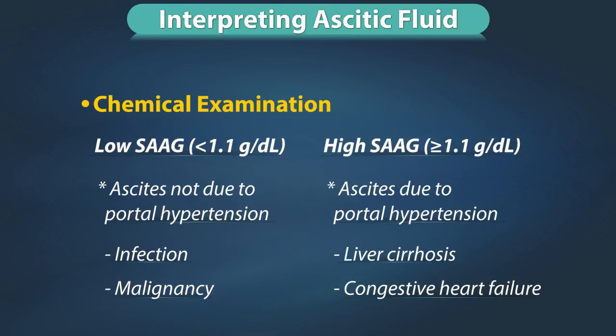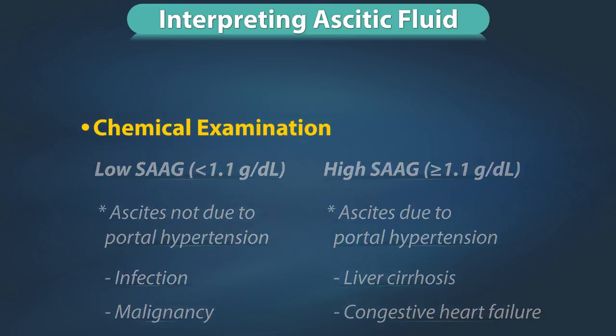Low SAAG of less than 1.1 gram per deciliter is seen in ascites due to infection or malignancy. High SAAG more than 1.1 gram per deciliter is seen in portal hypertension related ascites, liver cirrhosis, and congestive heart failure.